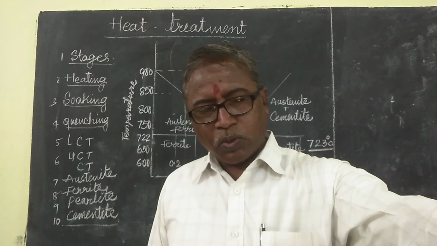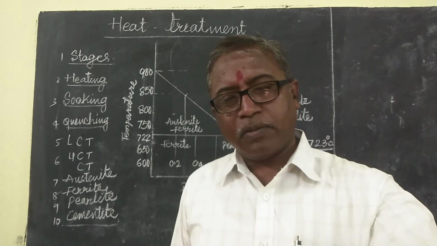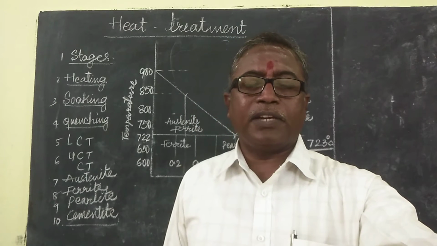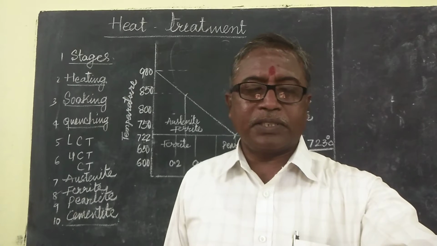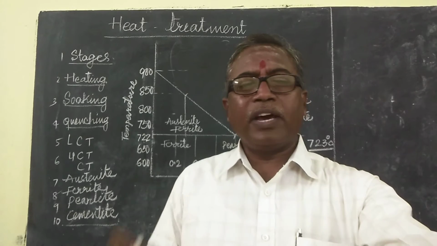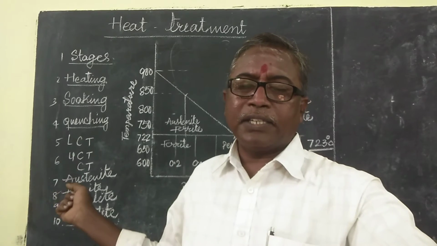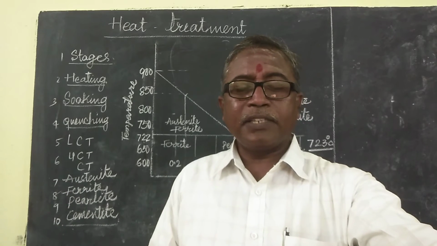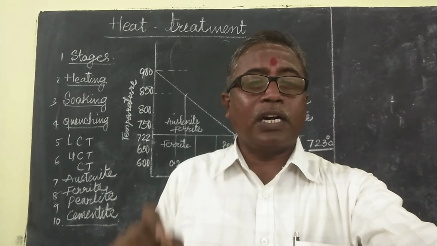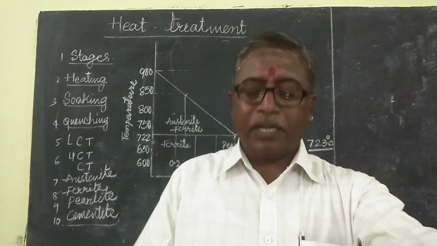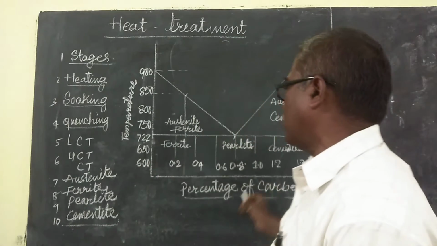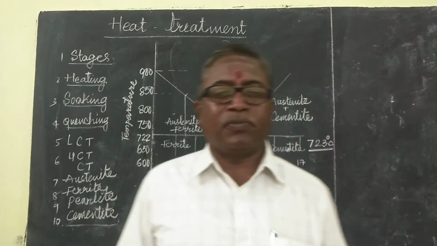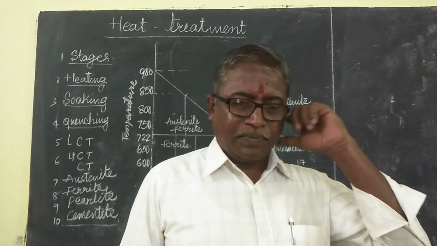Then beyond 0.84% carbon there is cementite, which is very hard. Ferrite is soft and ductile, while cementite is hard and brittle. That is not suitable. 1.7% carbon is not suitable for all purposes.